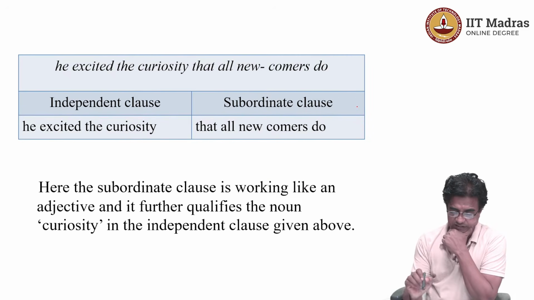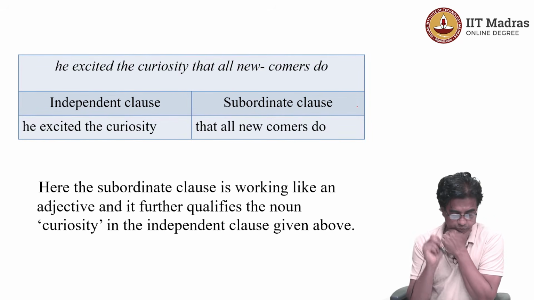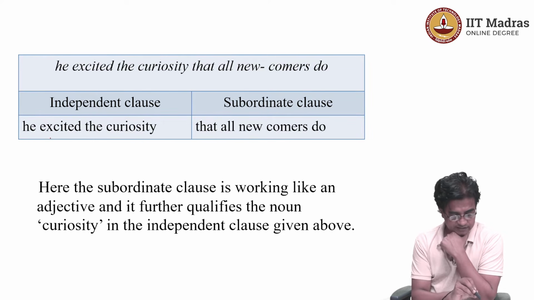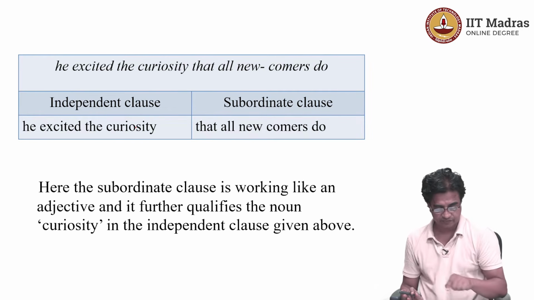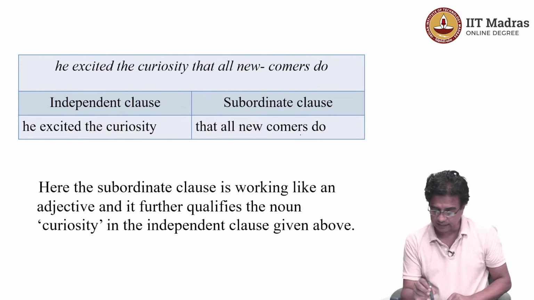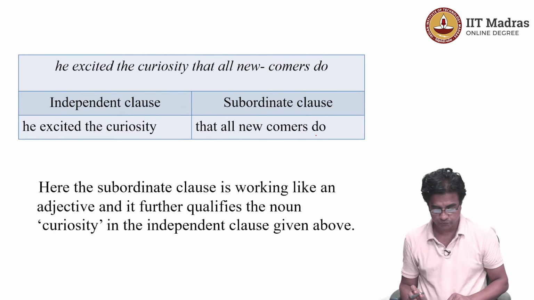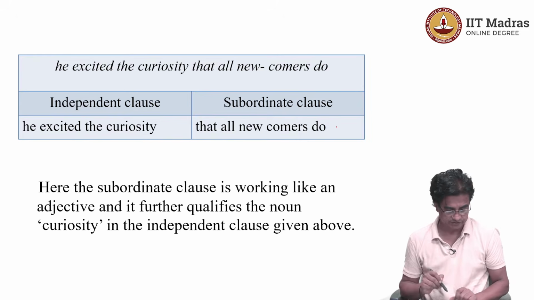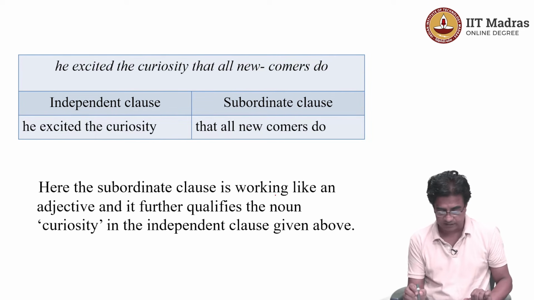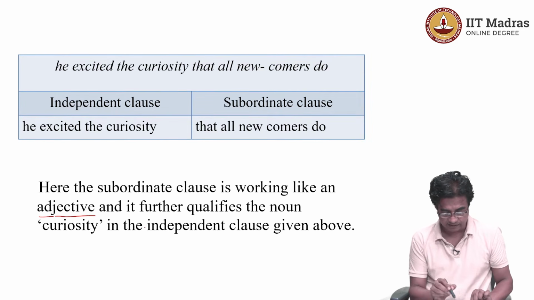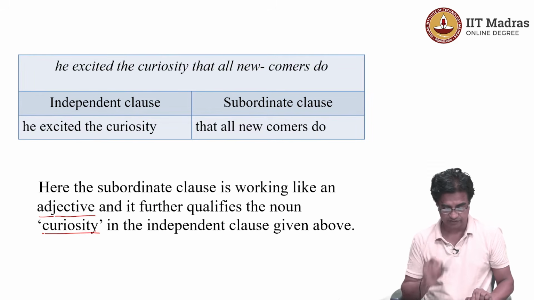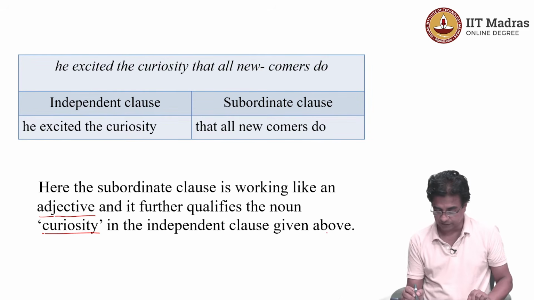He excited the curiosity that all newcomers do. So, the independent clause is, he excited the curiosity, and that all newcomers do is the subordinate clause. Here the subordinate clause is working like an adjective, and it further qualifies the noun curiosity in the independent clause given above.